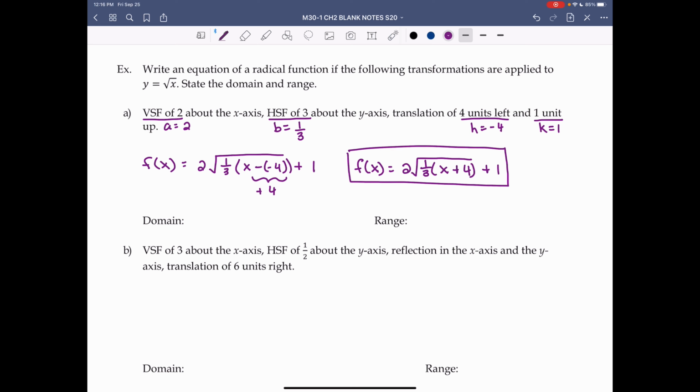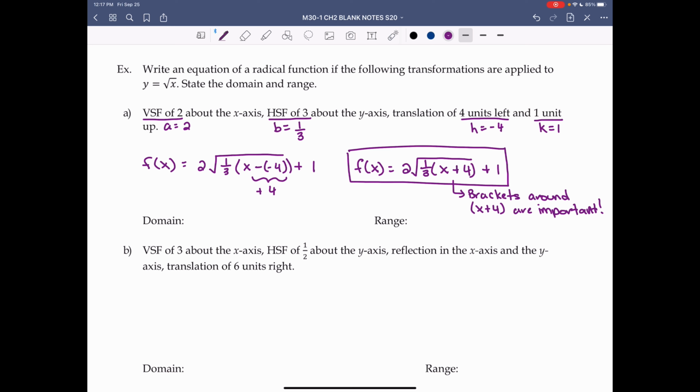Let's just put a note here. The brackets around x plus 4 are important. So make sure you put those brackets.